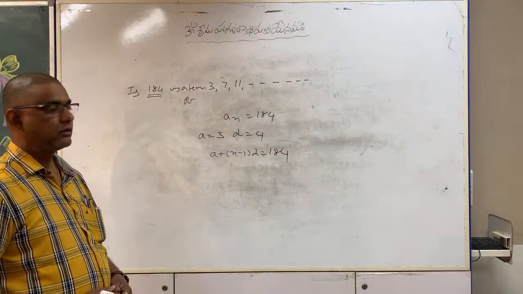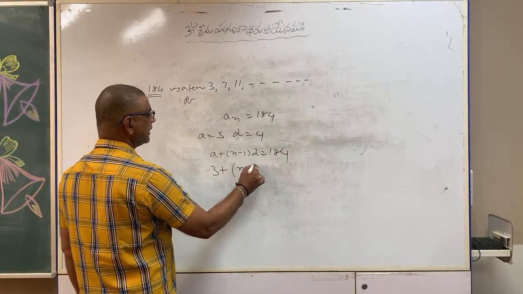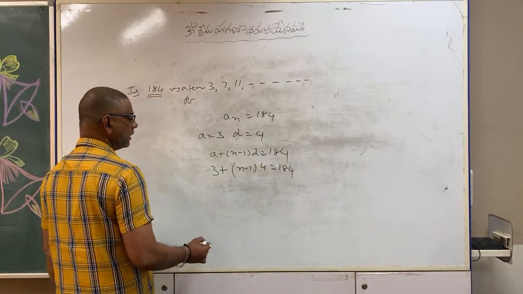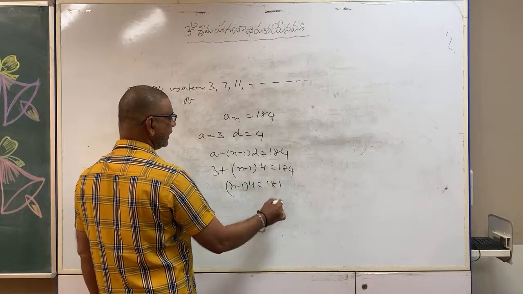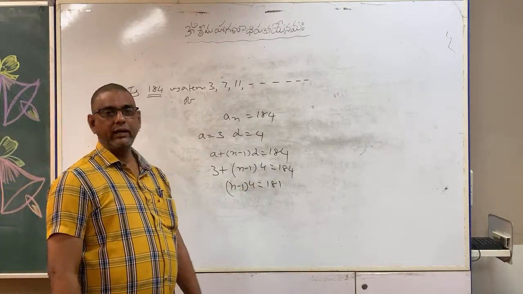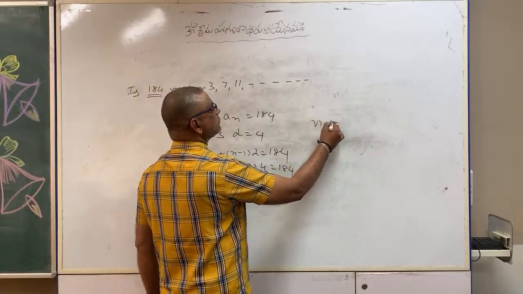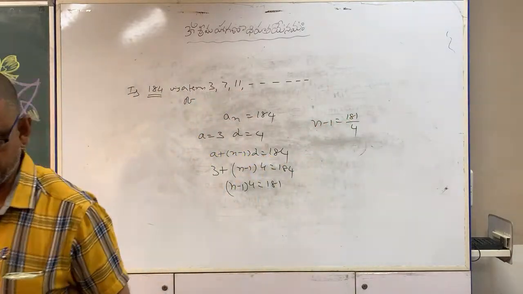Substitute the values: 3 plus n minus 1 into 4 is 184. Then n minus 1 times 4 is 181. Now n minus 1 is equal to 181 by 4. What is 181 by 4?